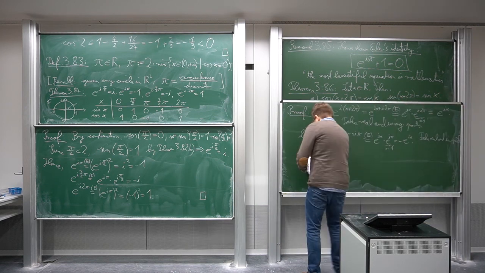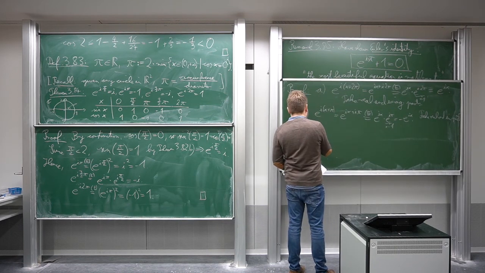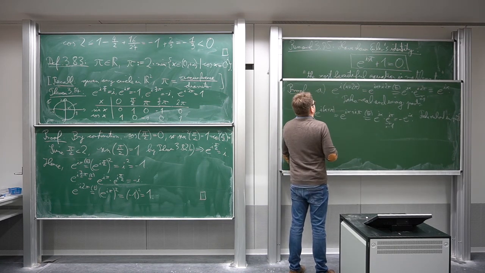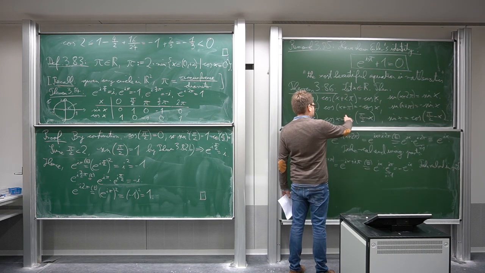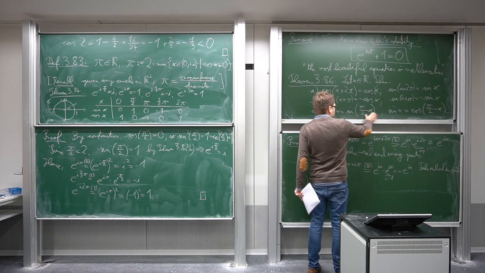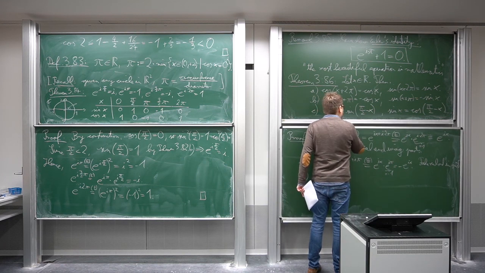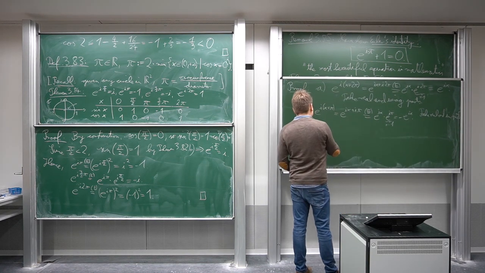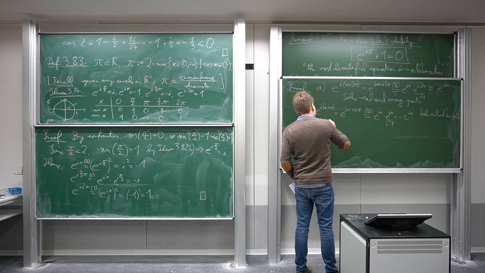Okay, for C, it's maybe slightly more work. Here we get this equation. So this is what we want to show. So we want to take pi over 2 minus x as the argument. So let's do this again with the exponential map. e to the I times pi over 2 minus x. Again, we can multiply.